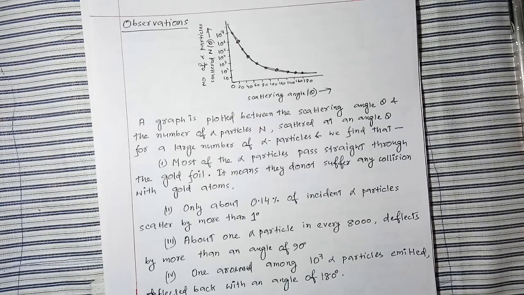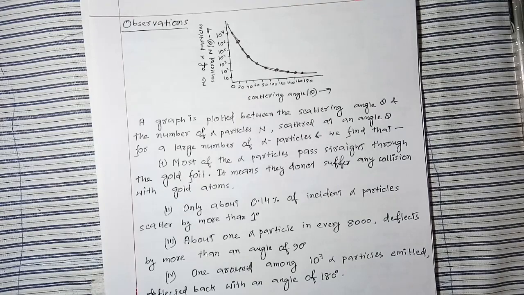What is the third observation we have? About 1 in 8,000 deflects by more than 90 degree scattering angle. If Rutherford allowed 8,000 alpha particles to fall on the gold foil, then almost 99%, let us consider 7,996 out of 8,000, will move through the gold foil undeviated, right?